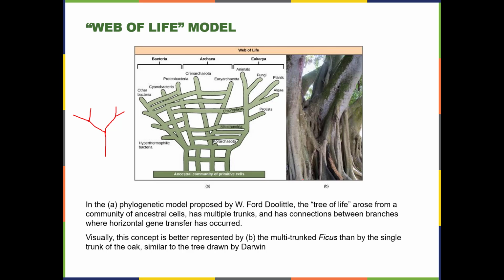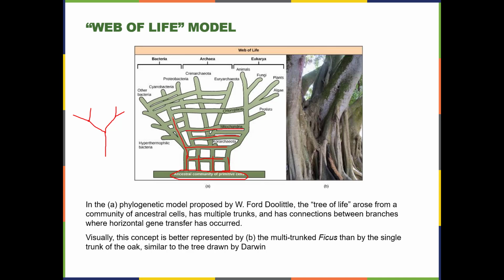So really the tree of life is probably more like this, meaning you had a group of the initial cells, probably prokaryotes, different fusions, different endosymbiotic combinations of cells led you to slightly different versions of eukaryotes. And then the crossing here would be the exchange of genes horizontally.